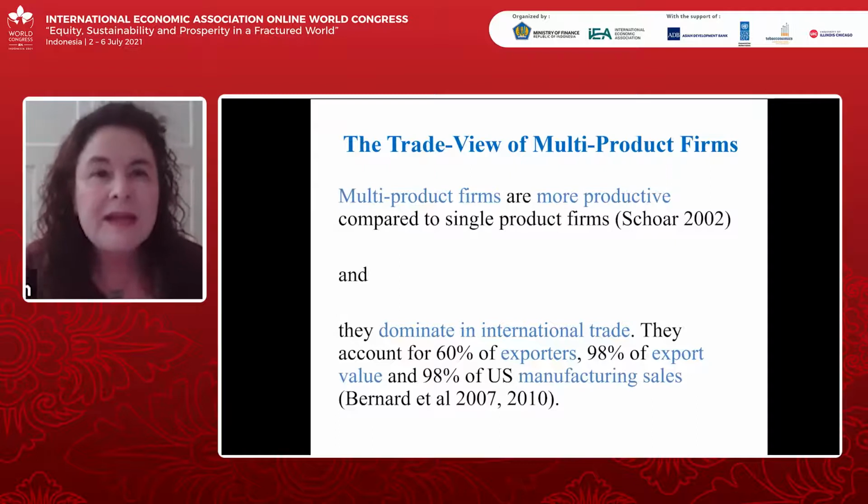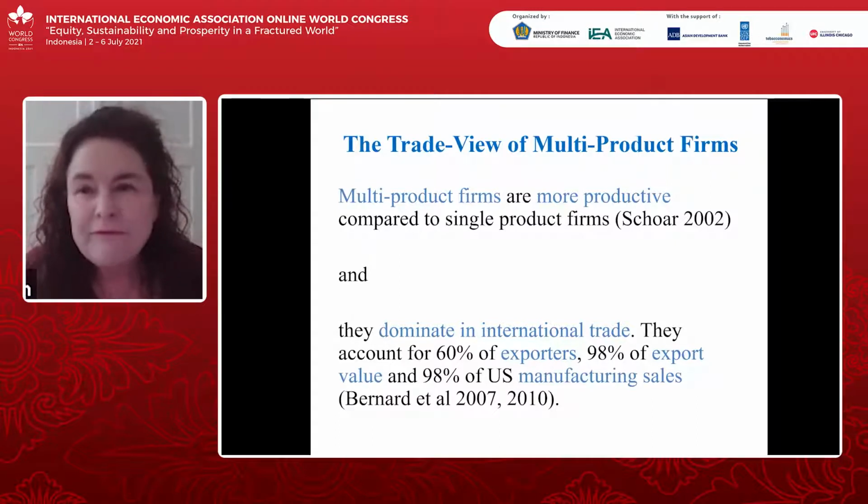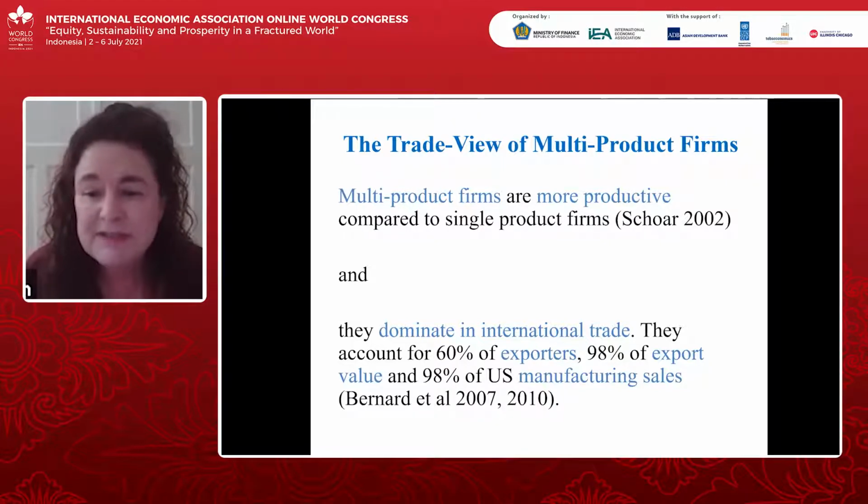The trade view of multi-product firms is that multi-product firms are more productive compared to single product firms, and they dominate in international trade. Multi-product firms account for 60% of exporters, 98% of export value, and above 90% of US manufacturing sales.